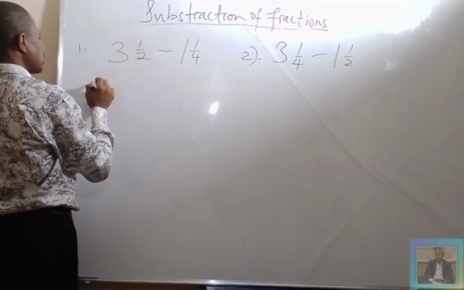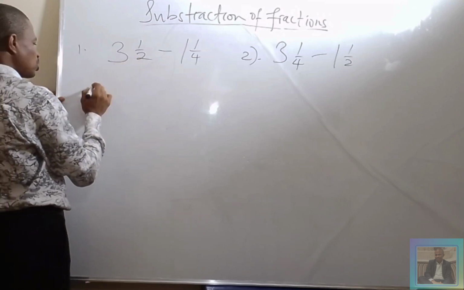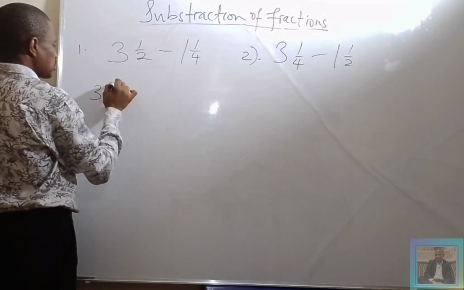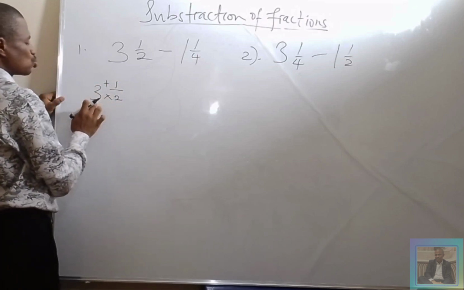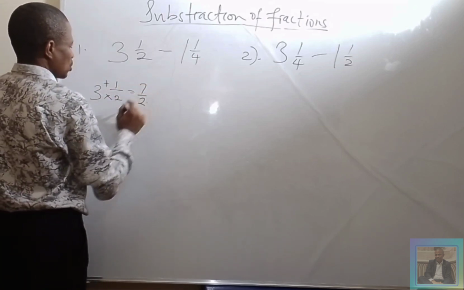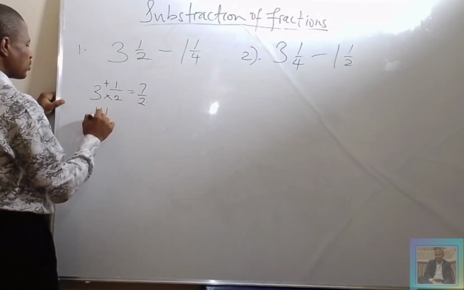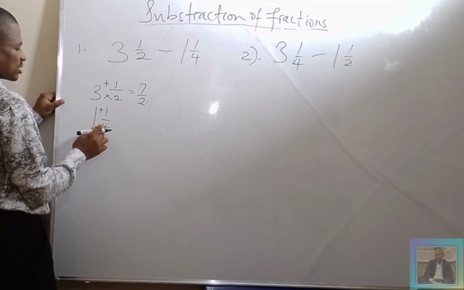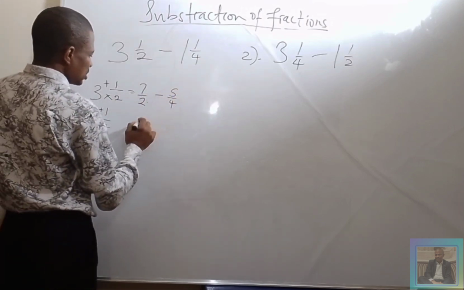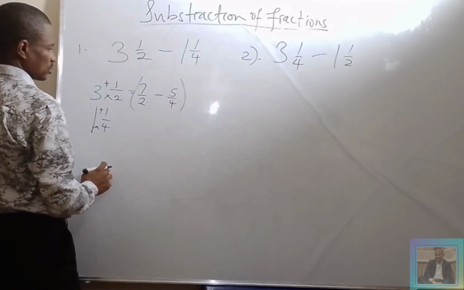We convert the mixed fractions into improper fractions. 3 times 2 is 6, 6 plus 1 is 7, to give us 7 over 2. While 1 and 1 over 4 gives us 1 times 4, 4 plus 1, 5, so 5 over 4. Then in this way we can do our subtraction.